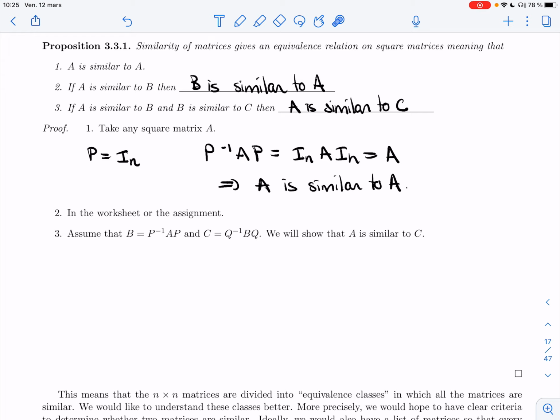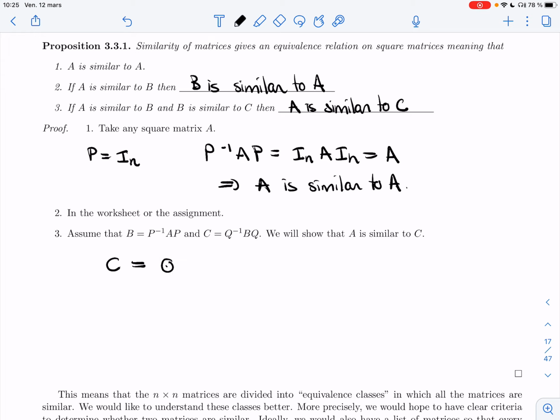Now, in part 3, assume that we have A similar to B, so that means B is equal to P inverse AP, and that B is similar to C, that means C is, for another matrix Q, Q inverse BQ. I want to show that A is similar to C. So that means I need to try to write C as a product with A in the center.